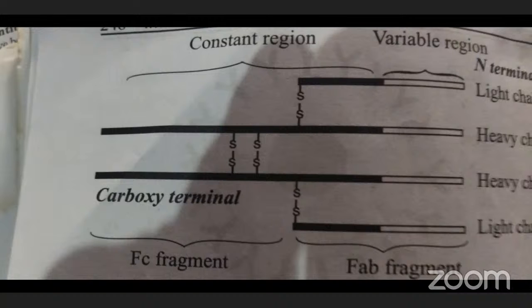The next one is types. So, what are the types of immunoglobulins? 5 types of immunoglobulins are present: IgG, IgA, IgM, IgD, and IgE.